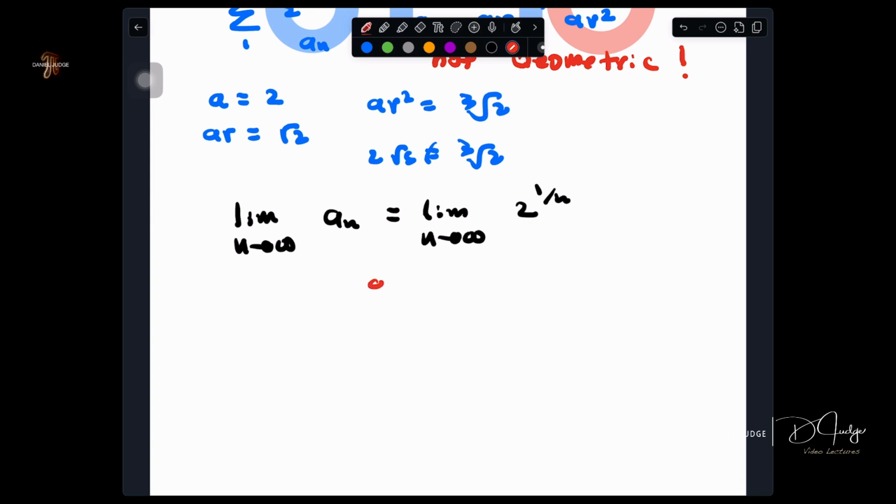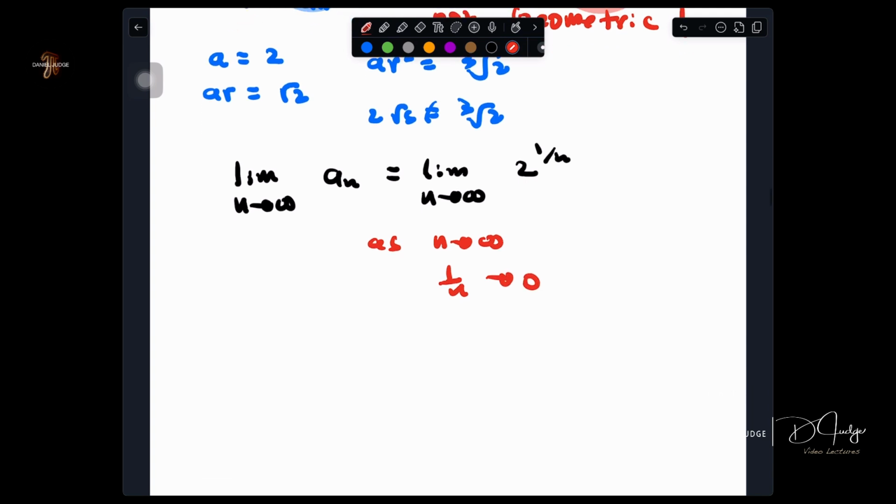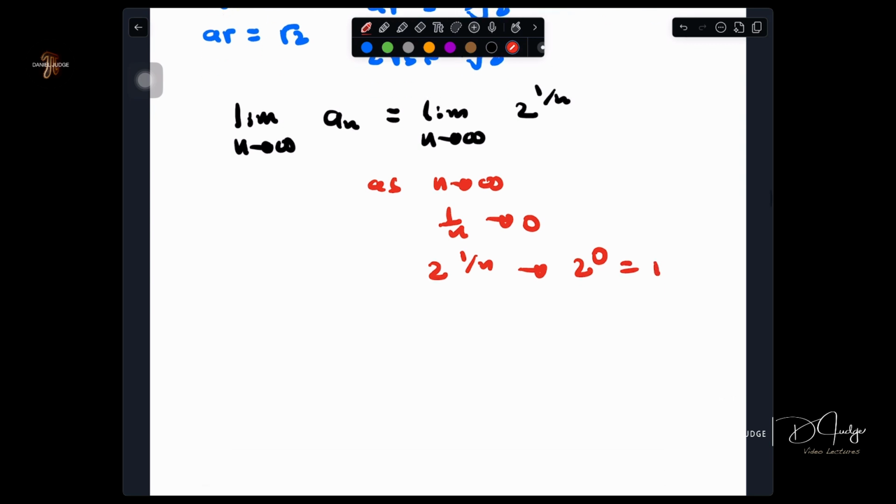Now, as n goes to infinity, 1 over n goes to 0, and 2 to the 1 over n goes to 2 to the 0, which is 1. What we've found is that this limit is not equal to 0. In fact, the limit is 1.